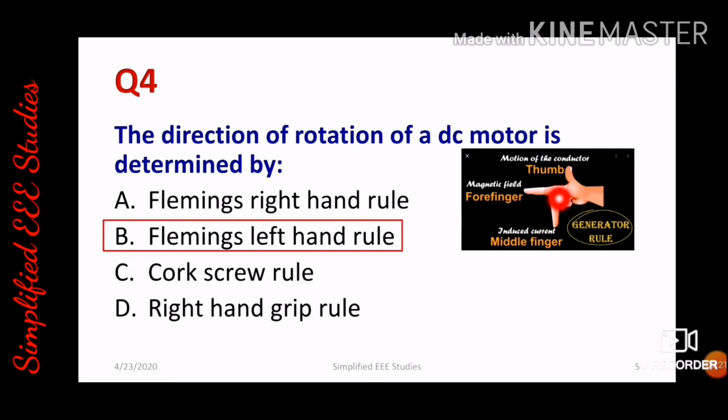In such a case, the thumb gives the motion of the conductor, the forefinger or index finger gives the direction of the magnetic field, and the middle finger gives the direction of induced current. So these are the peculiarities of Fleming's right hand rule. It is also known as the generator rule.